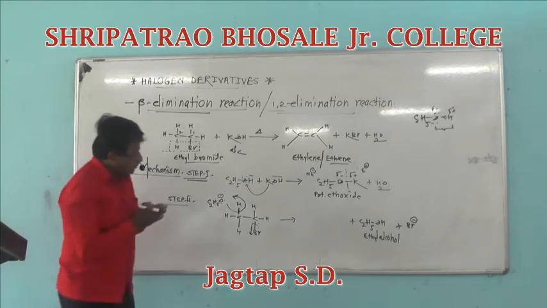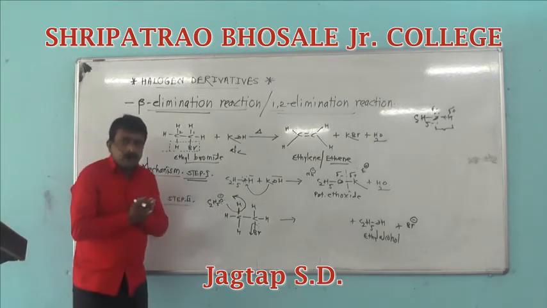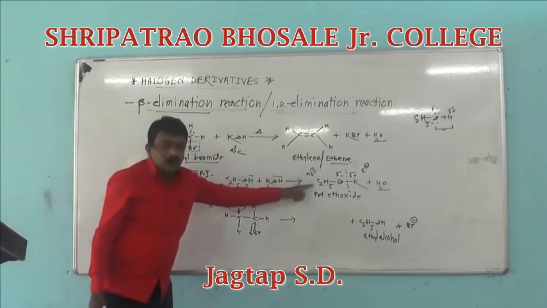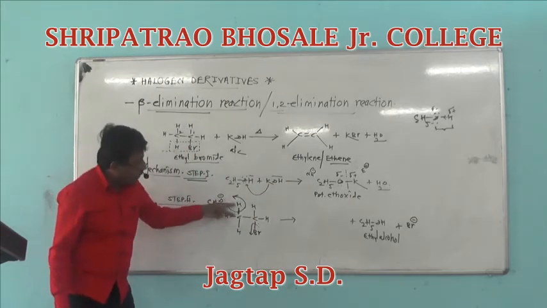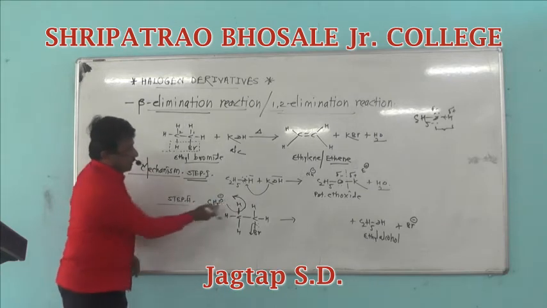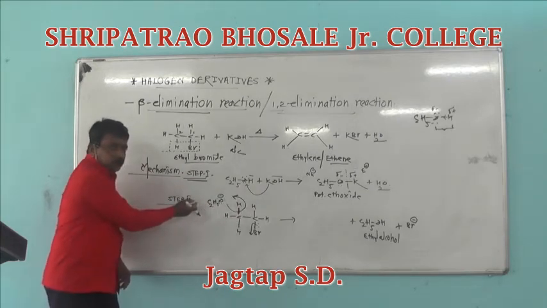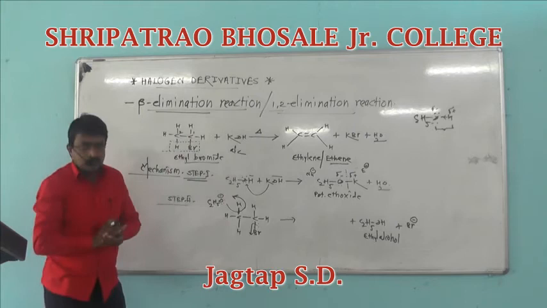So, in the second step, initially the nucleophile, that is C2H5O minus carrying a unit negative charge, attacks the covalent bond between C and H. It abstracts the proton towards itself and is eliminated as ethyl alcohol.